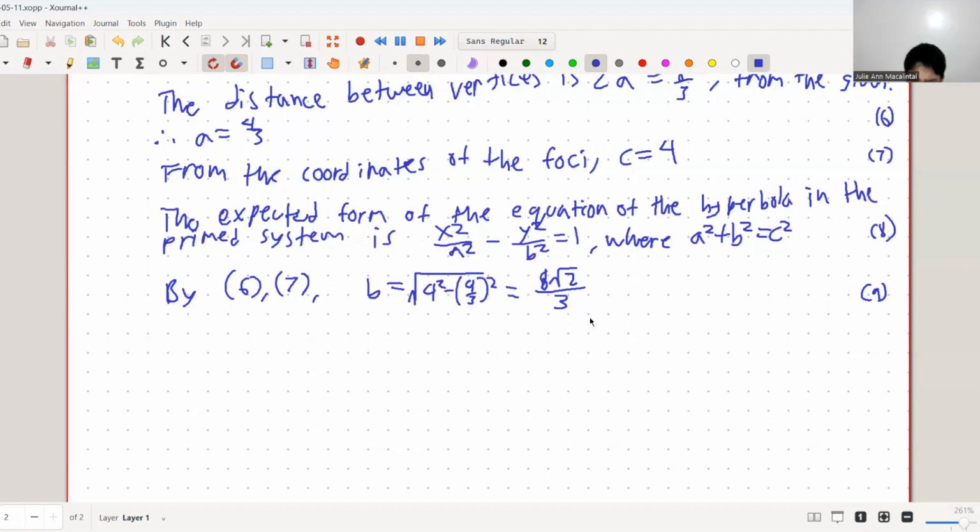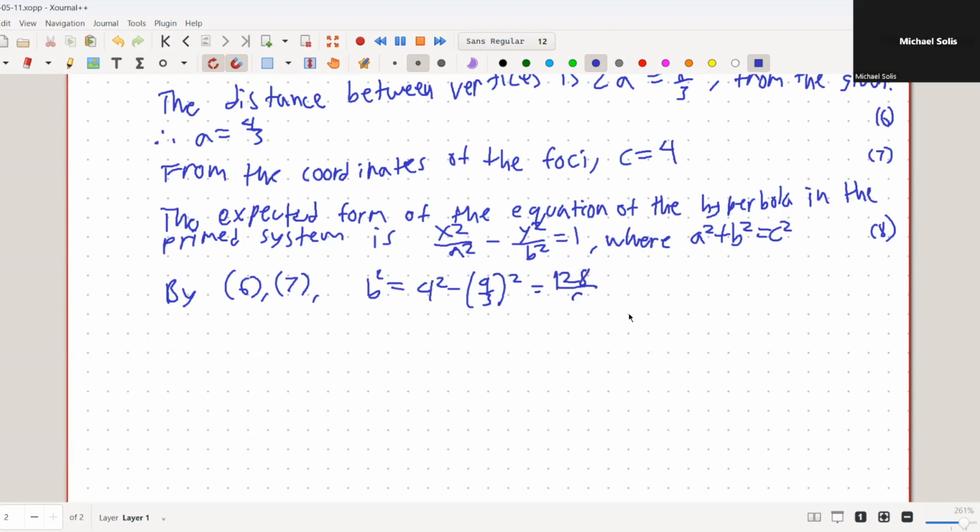So b squared. Wrong. It turns out we don't need the square root from the beginning. Okay, or 128 over 9, no? So that's equation 9.